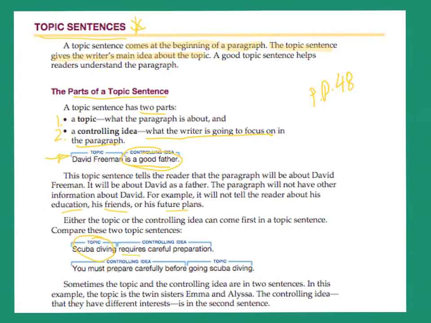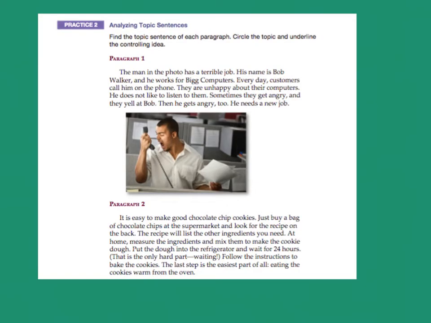We want to talk about how it requires careful preparation. That's our controlling idea. We can say it this way, or we can put it in a different order. We can say, you must prepare carefully before scuba diving. In this case, we have the controlling idea first and then the topic.